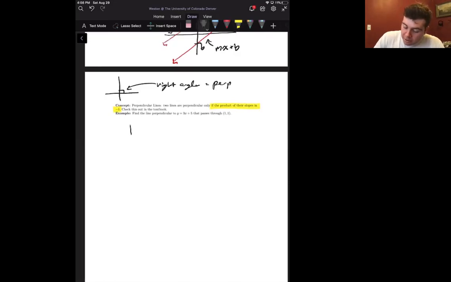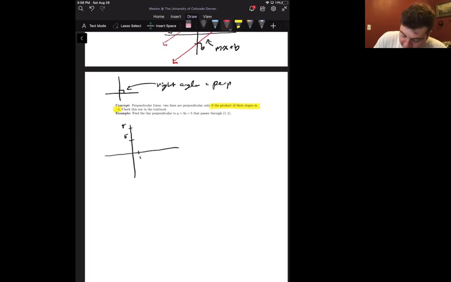So we'll start with drawing a graph. We want to find the line perpendicular to 3x plus 5. So we'll say that that's 5, that's 1, and that up there is 8.